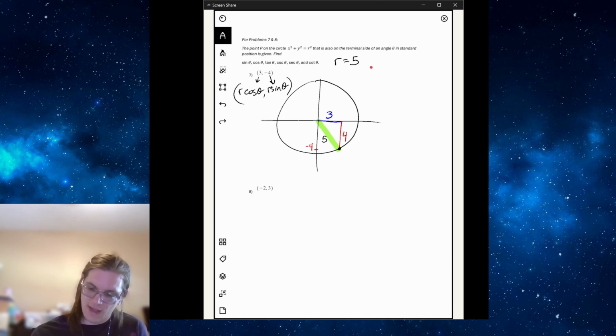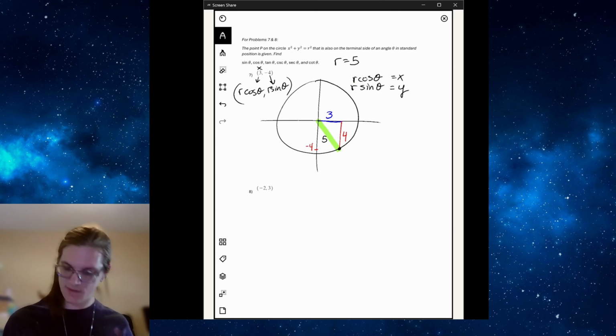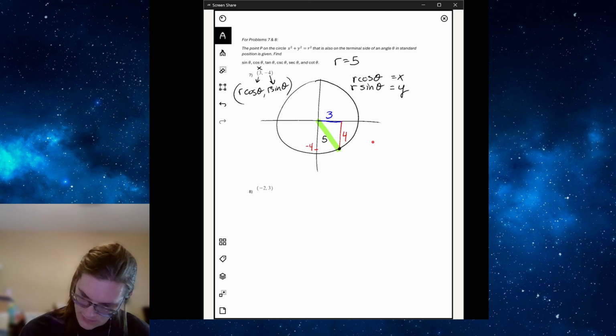So now what we have to look at is our x value is r cos, our y value is r sine. Because remember, on the unit circle we were just using r equals 1. Well, now we have to do a little bit more work, and let's do sine. So r, which is 5, times sine of theta is negative 4.